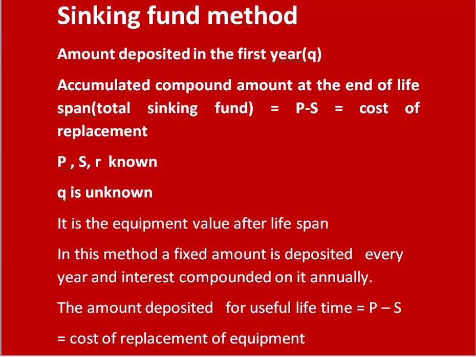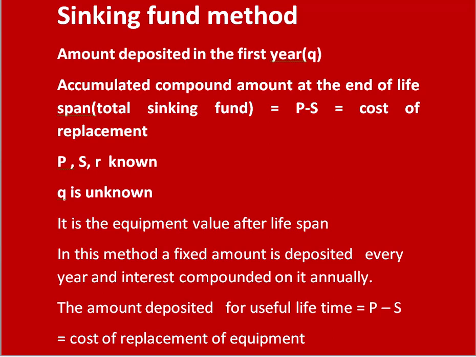In case of the straight line fund method, the amount to be kept aside every year is called the annual depreciation charge, and that was the same till the end of the lifespan of the equipment, and that amount is utilized to purchase the new equipment at the end of the lifespan of the equipment.